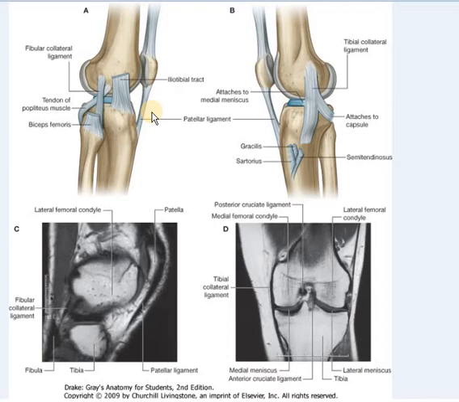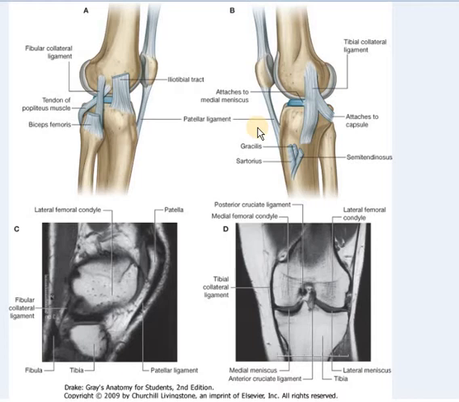It is attached above to the margins and apex of the patella, and below it is attached to the tibial tuberosity, which lies on the anterior aspect of the tibia.